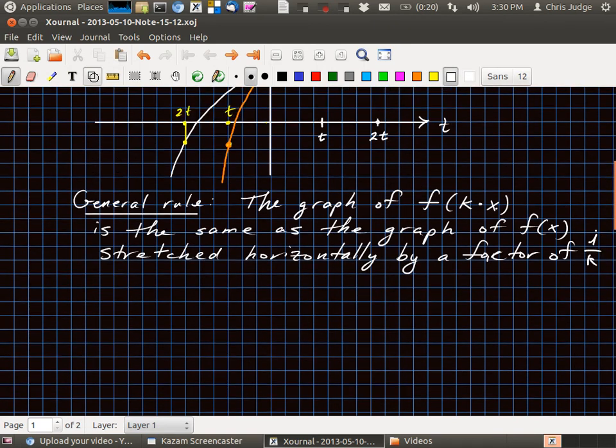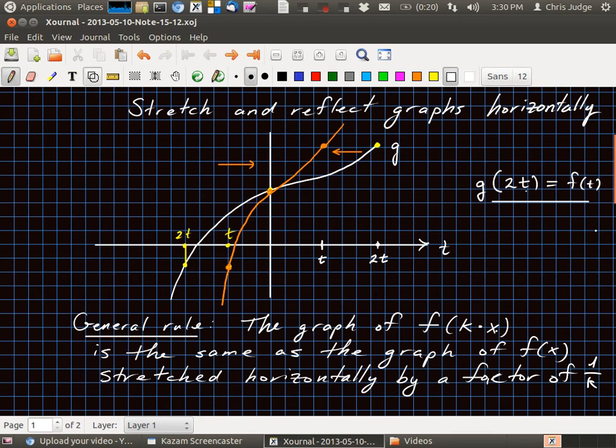In this particular case, k was 2, and I'm assuming here k is positive. So the graph of g of 2t, which is this orange graph, is the same as the graph of the original g, but stretched by a factor of 1 over 2.